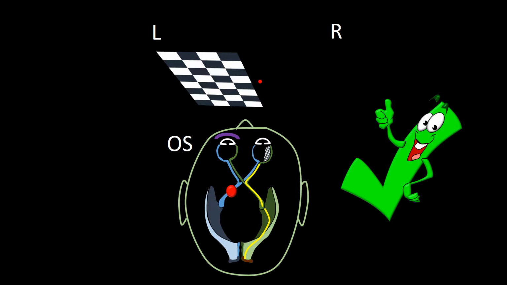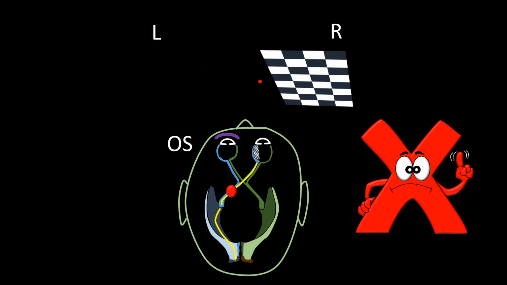If, on the other hand, a left stimulus is applied to the right eye, the visual evoked potential will be normal. But if the right half of the stimulus is applied to the right eye, then again the visual evoked potential will be abnormal.